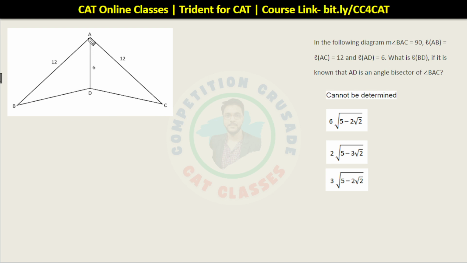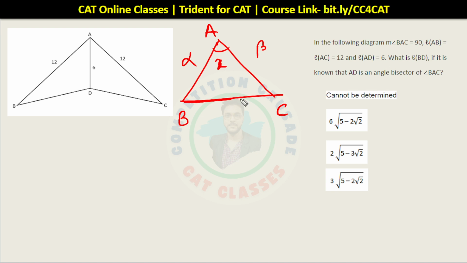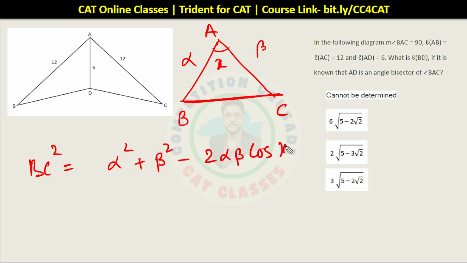Typically what it says is that if in a triangle ABC I have the lengths of AB and AC given as alpha and beta, and the angle between those two sides is x, the other side BC can be calculated as BC square equals alpha square plus beta square minus 2 alpha beta cos x. Understand, this alpha and beta are not the angles, these are your lengths.